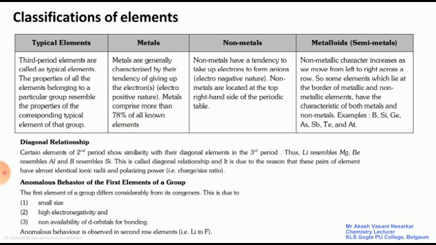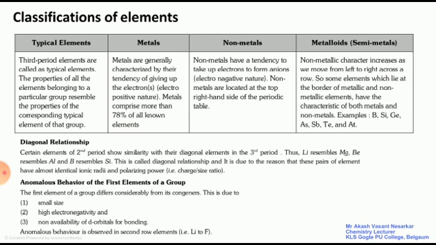The elements are classified into 4 categories: typical elements, metals, non-metals, and metalloids. The metalloids are also known as semi-metals. Let us try to understand what typical elements are.